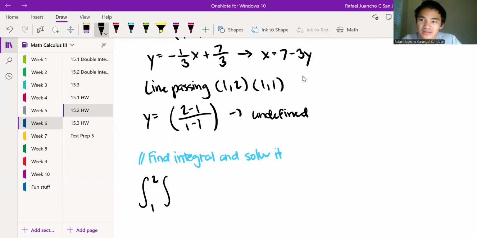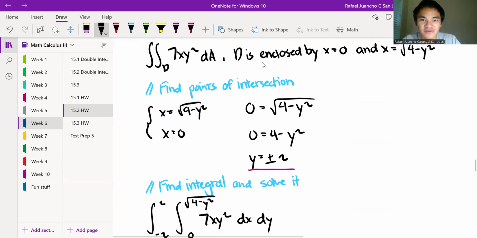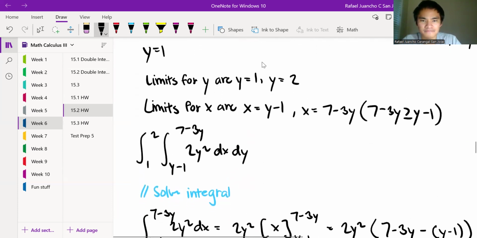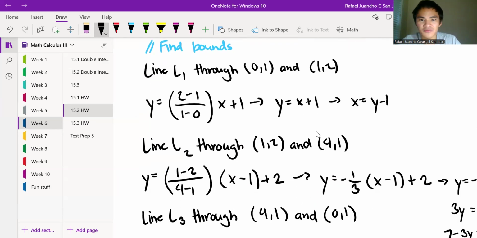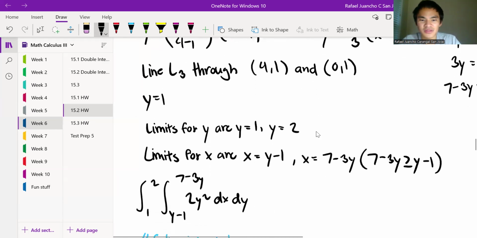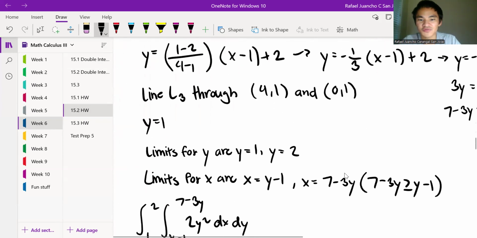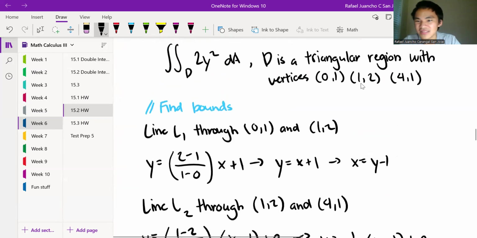How does that look then? Because here, I'm trying to kind of find a pattern. Yes, so here we did x equals y minus 1. We put that at the very bottom. And then how did we know which one is the bigger one? Now we know y is 1 and 2, because we can see that here.